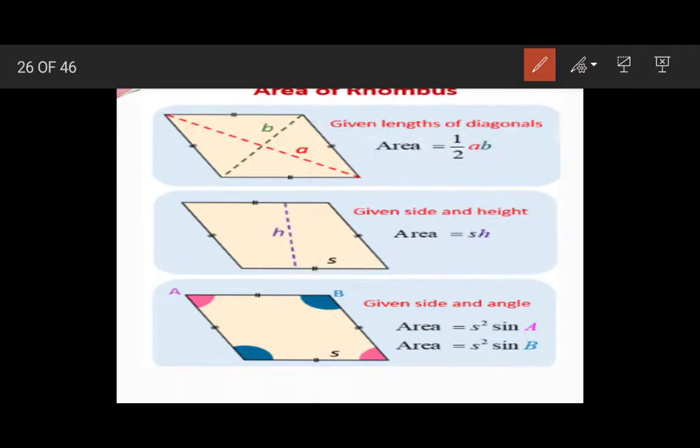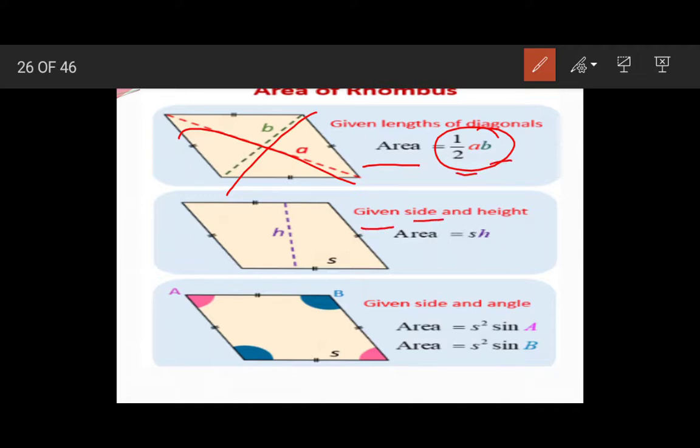For a rhombus, it depends on what is given. If we know the lengths of the diagonals, then we can find the area by using the formula half into first diagonal into second diagonal, half into D1 into D2. Okay.